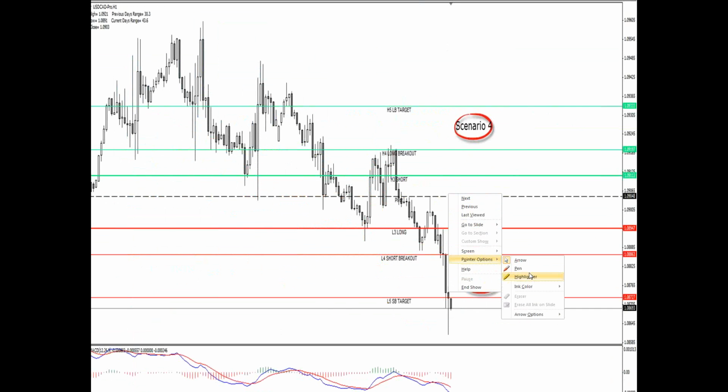But tell me now logically, if the price is there, would you sell it? Really, would you sell it here? I would never sell it there. I would never ever sell it there. I would wait for the price to get back. On my Camarilla MACD, I find the confluence points, back into the confluence zone, and then sell.